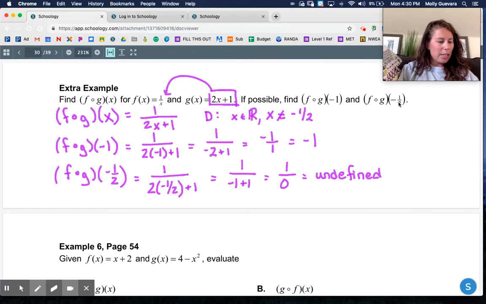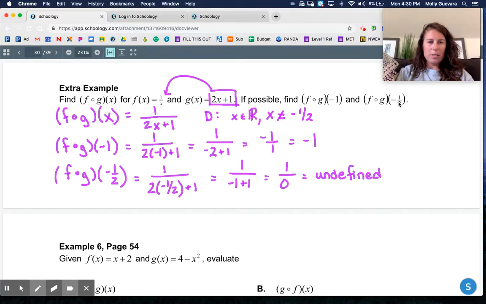Okay, we're going to keep practicing with some compositions, but hopefully that makes sense, right? Whatever's on the inside, that will be the function that we plug into the one on the outside.